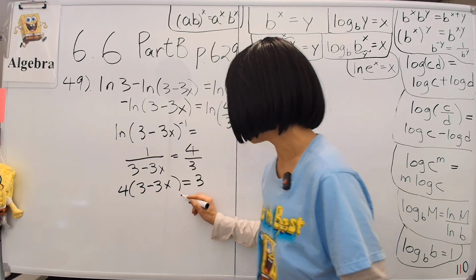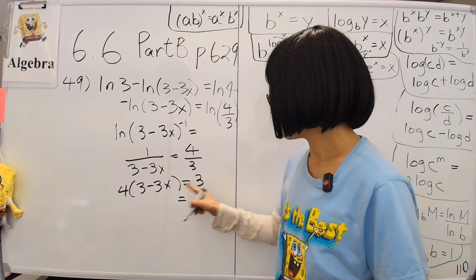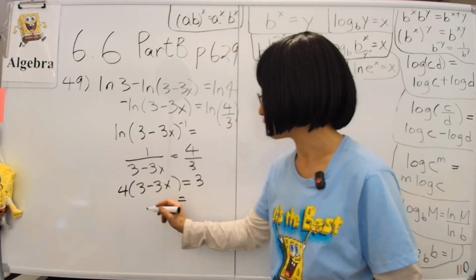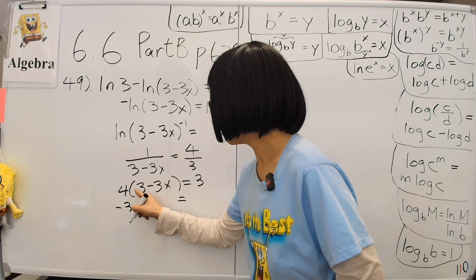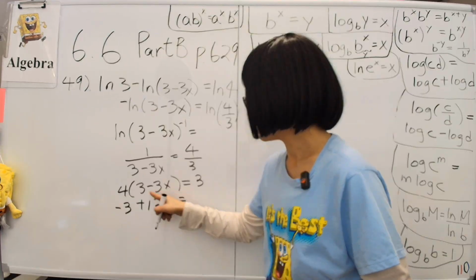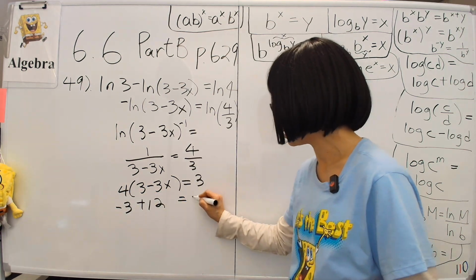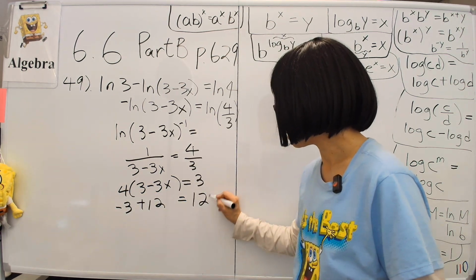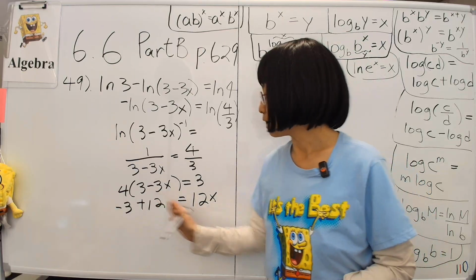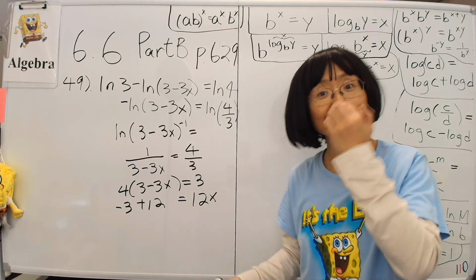So now let's solve this. We'll write down the equal sign, kick the 3 to the other side to become -3, and then 4 times 3 is 12, so it's plus 12, okay? And then this minus 3 times 4 is also 12, but it's negative. We'll move it over here, and it becomes positive 12. I always like to keep my x's positive. No reason, it's just cuter that way.